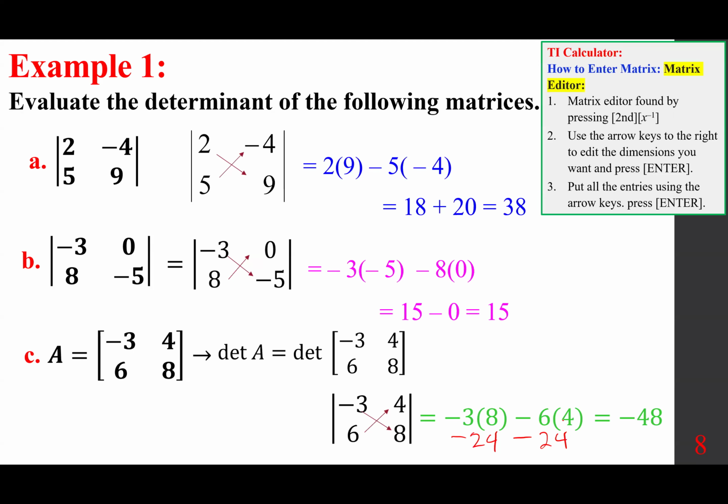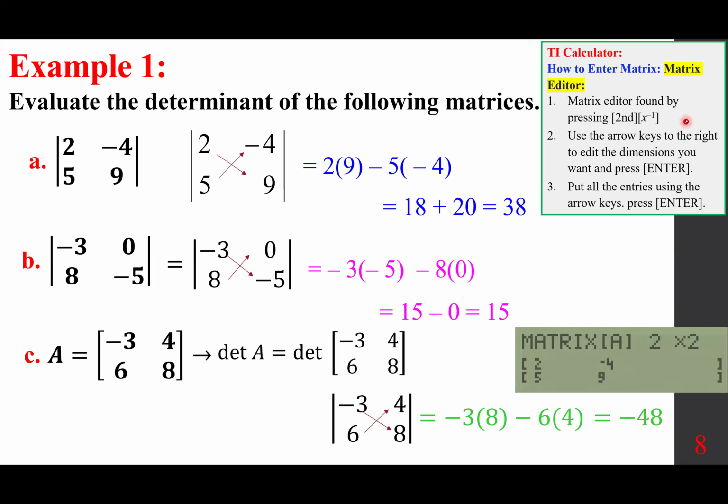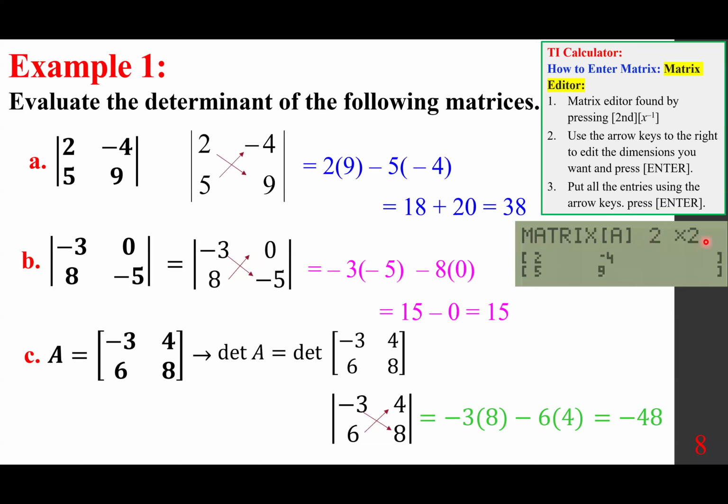And now using technology, here I calculated first in the matrix editor. Remember, we go to the matrix editor by clicking second, x to the power of negative 1, and use the arrow key to the right to edit. And you put the dimensions. For example, we're going to put the dimension 2 by 2. And we're going to do one of them.